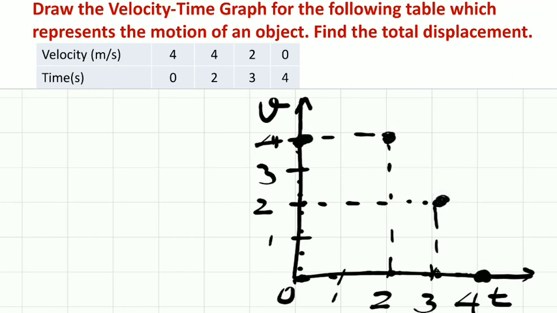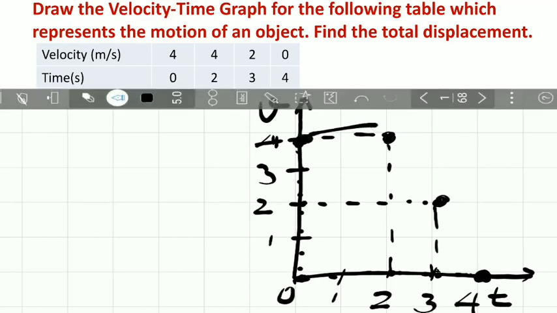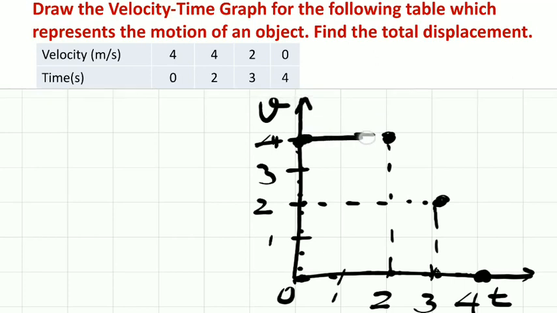So let's meet them. Meet this with this, this with this, and this with this. So we have this graph.